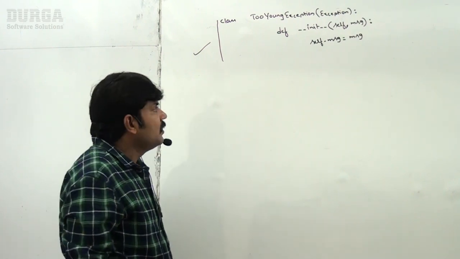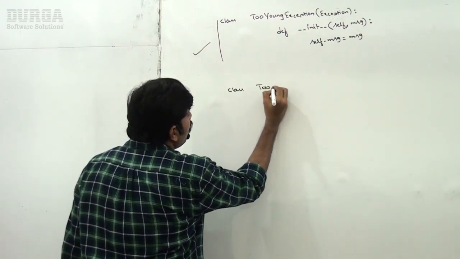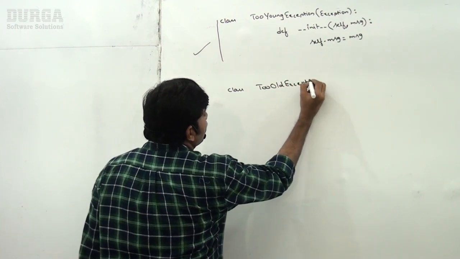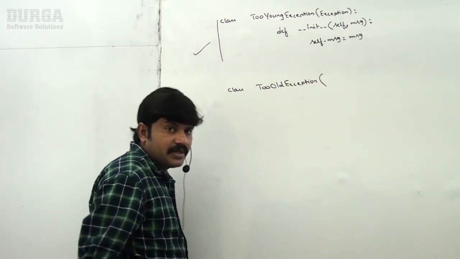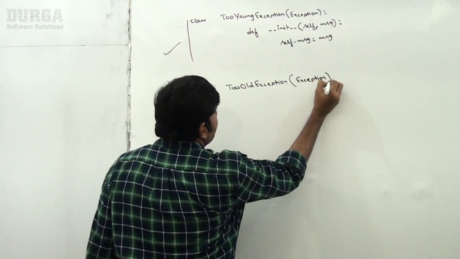Nothing is there. Now class TooOldException, it is the child class of Exception. It should be a child class of Exception, right?